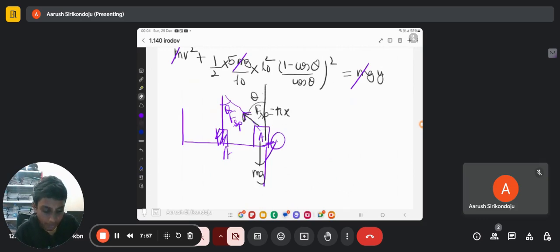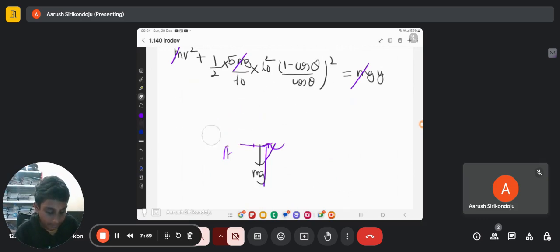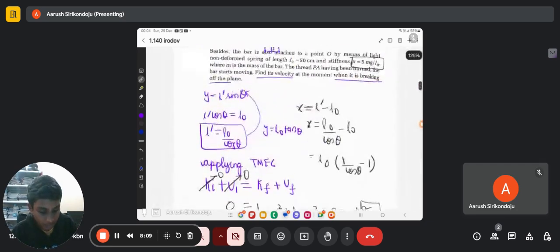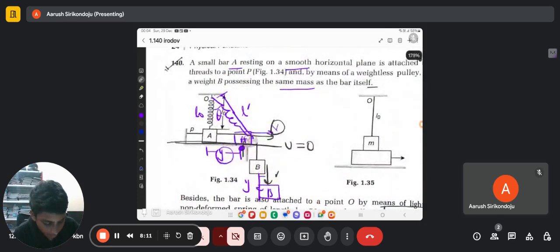So now if we balance, what we get is that kx cos theta equals mg, because if we observe here, this is mg, and this is kx.